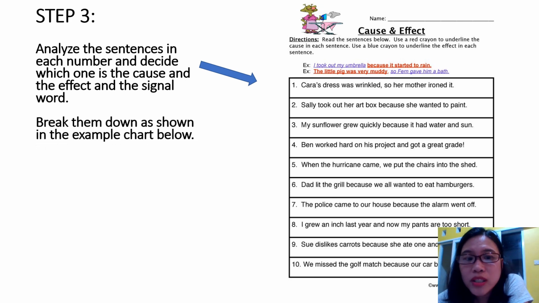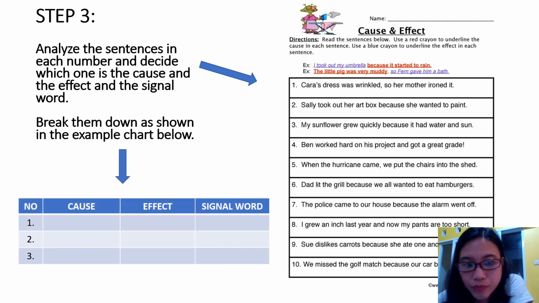Break them down as shown in the example chart below. What you need to do is put number 1, which one is the cause, which one is the effect, and then the signal word, number 1 up to number 10. Okay, is that all? I think you already got it, right?